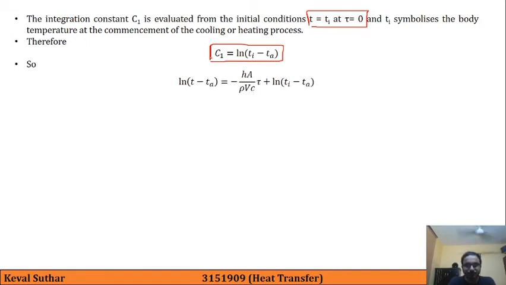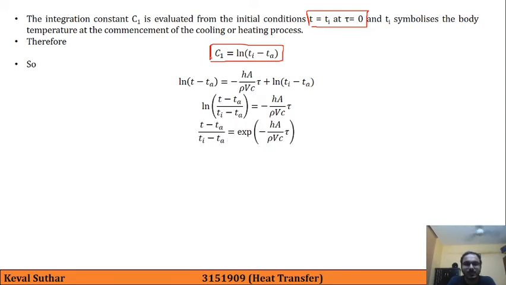After putting the value of C1, we obtain this formula, and further mathematical simplification gives us the temperature profile for transient heat conduction when K tends to infinity: (T minus Ta) divided by (Ti minus Ta) is equal to exp of minus hA by rho Vc times tau.